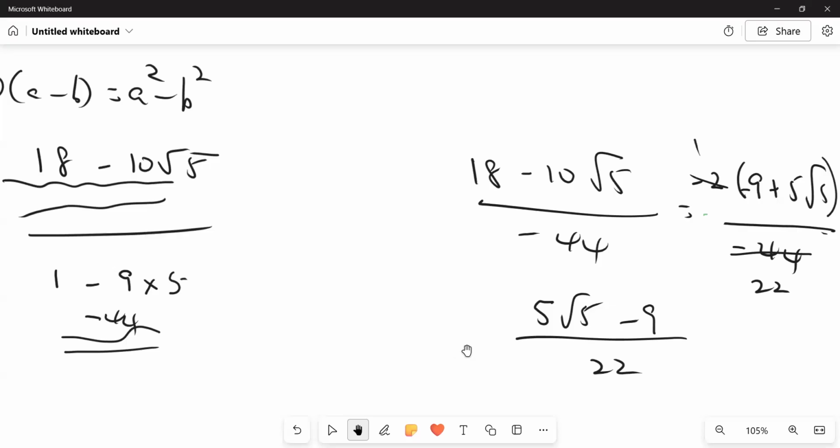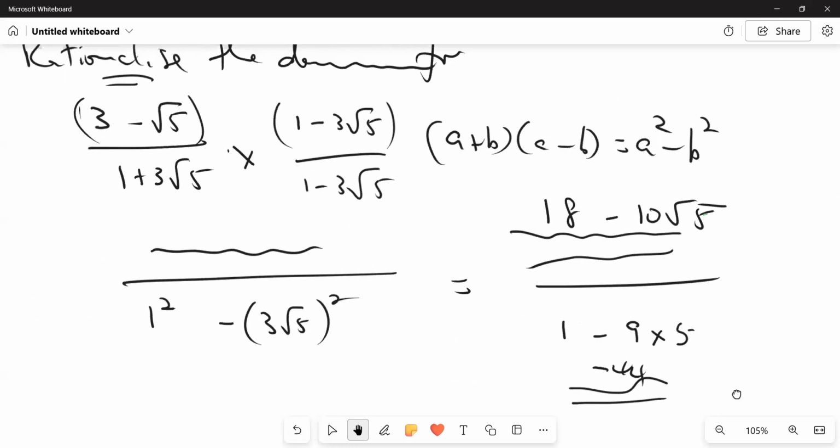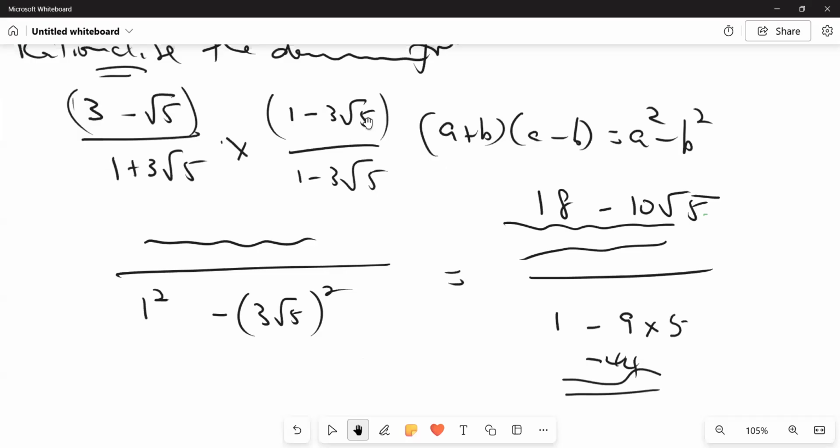Sir, can you explain one more time how you got the perfect square? Where is the perfect square? A plus B, A minus B equals A squared. Down here? Yes, sir. Yeah, it's just a technique.